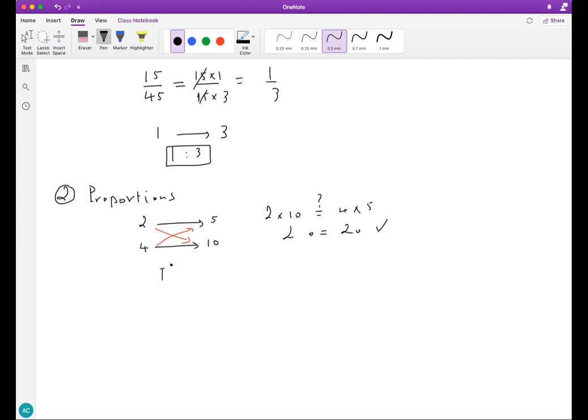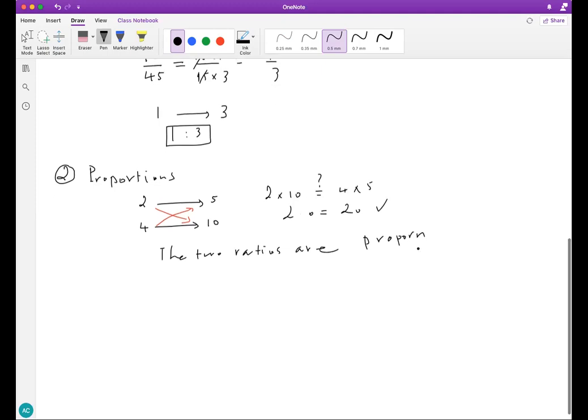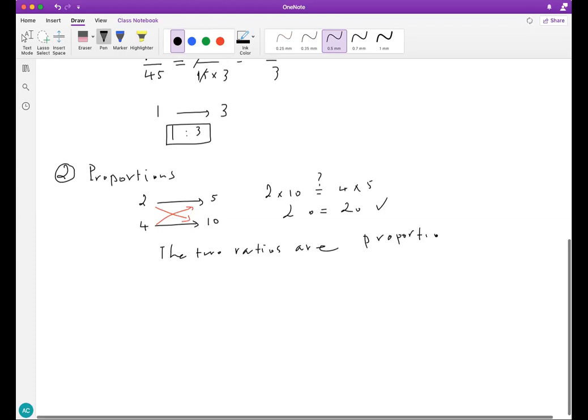So the 2 ratios are what we call proportional, and that makes a proportion.